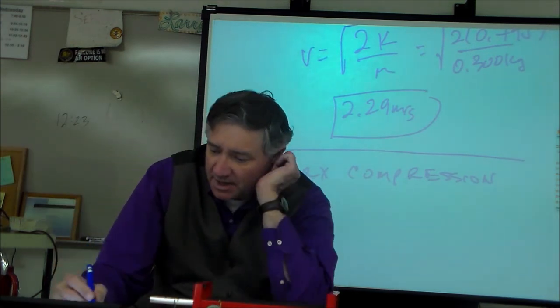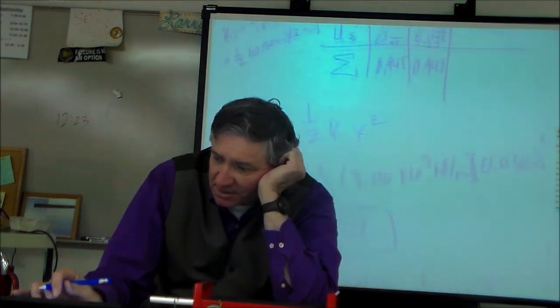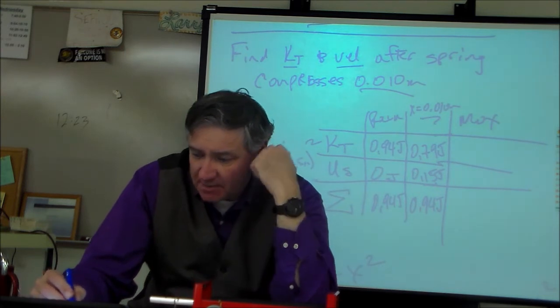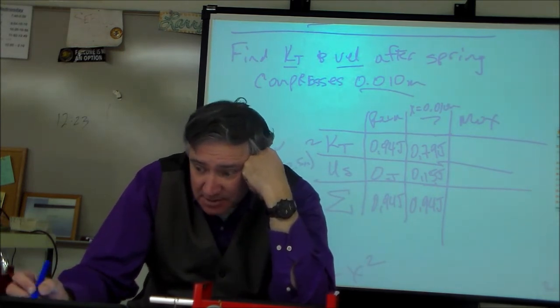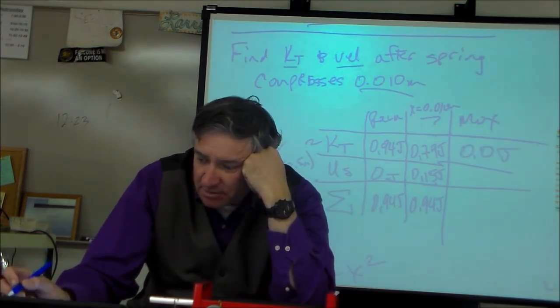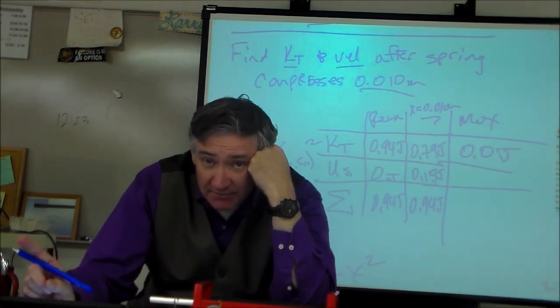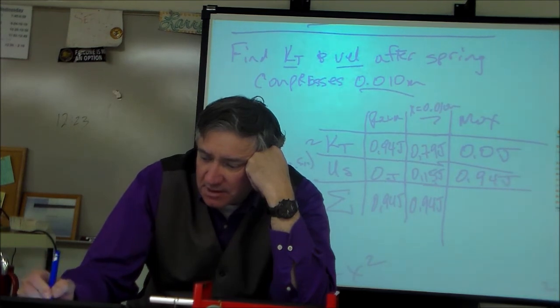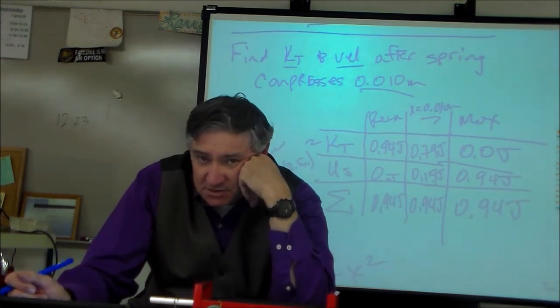So under maximum compression, if you go back to your chart, how much kinetic energy do you have? 0. How much Us do you have? 0.94, because the sum is still going to be 0.94 joules.